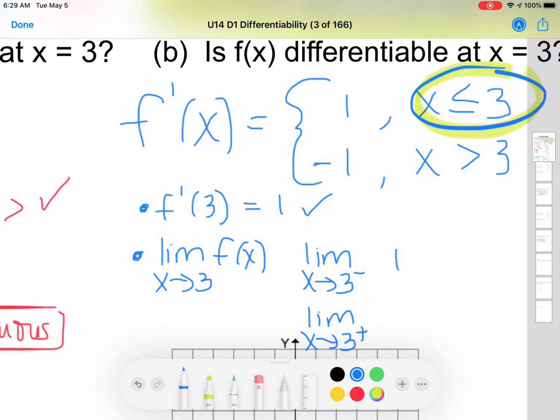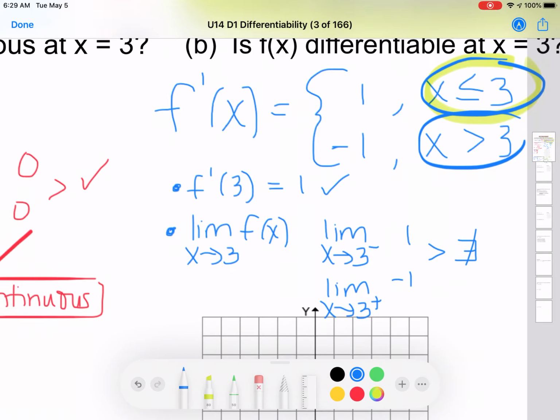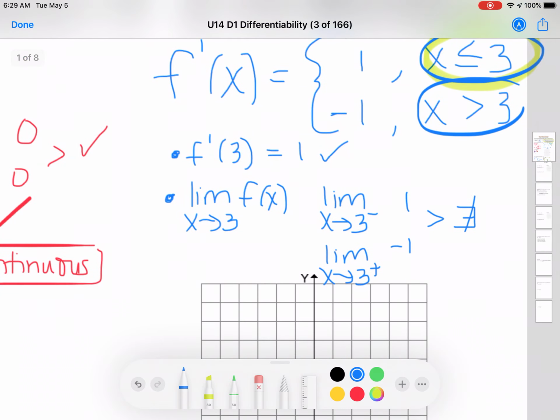Then x is a little bit bigger than 3, so I'll use the second piece, and I get negative 1. So now we see that these are different, so the limit doesn't exist. And now my last piece of this, which I ran out of room for, I'm going to put right over here. The function value does not equal the limit.